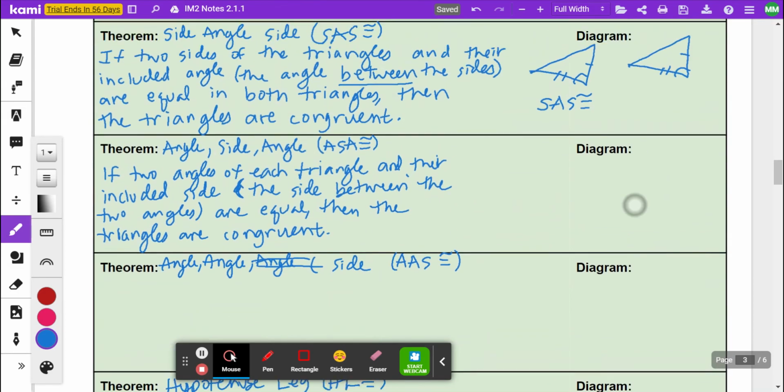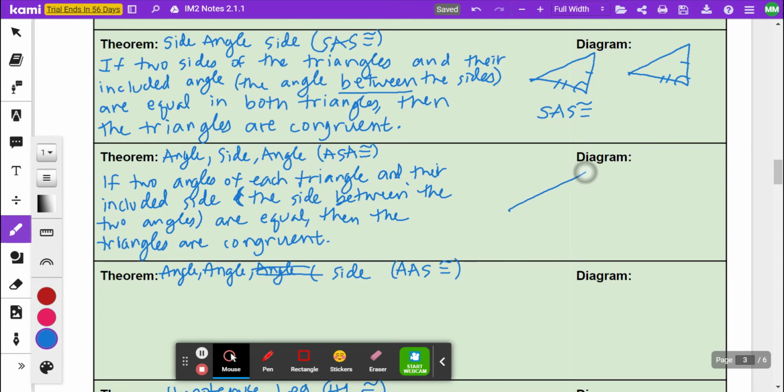Let's do our diagram. So we've got a congruent side between corresponding congruent angles. That's angle, side, angle, congruence.